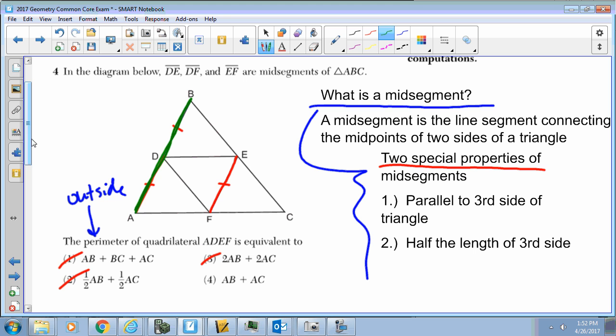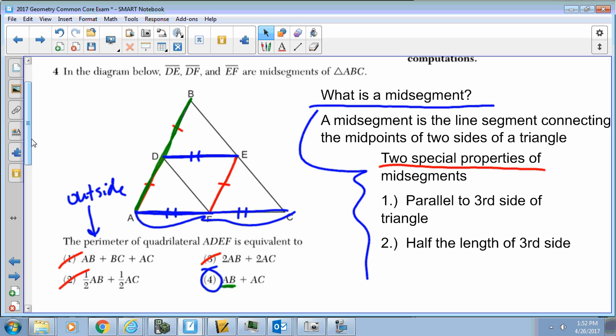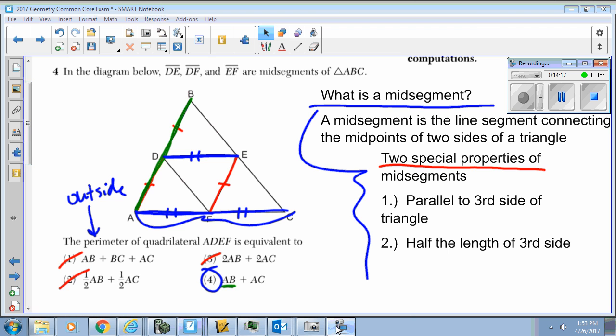So that's AB. Now, if I do DE, that's the same as each one of those. And so if I'm adding this one and this one, that's the same as the entire thing. So this was kind of complicated, I'll admit. But it's the type of problem you're going to see, so get ready for it. All right? Move on to the next one.